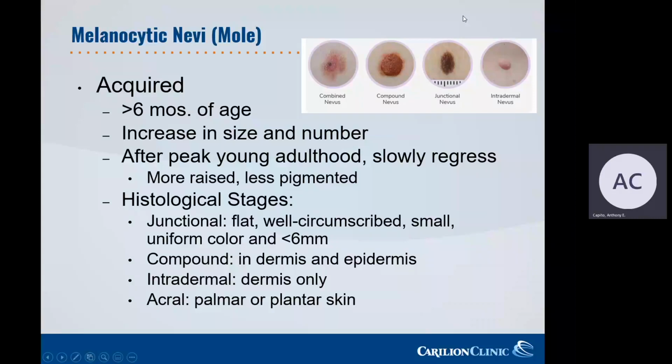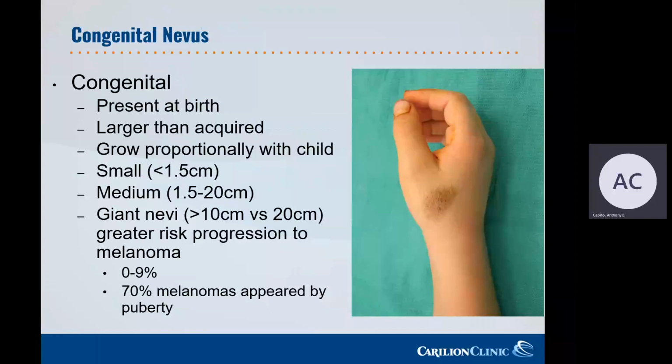There could be ones that are intradermal only, where the melanocytes are in the dermis, so the pigment is not seen on the epidermis, so they are more of a nude color and non-pigmented. And then anything on the palmar plantar skin are acral, and those could be acquired moles. These are normal, nothing to do with them unless they start to change or do not have these benign characteristics.